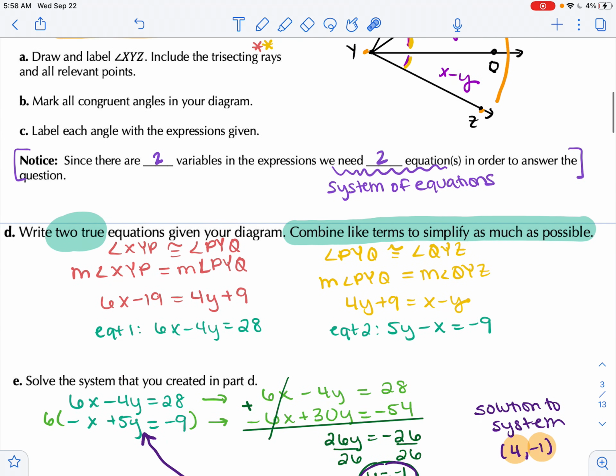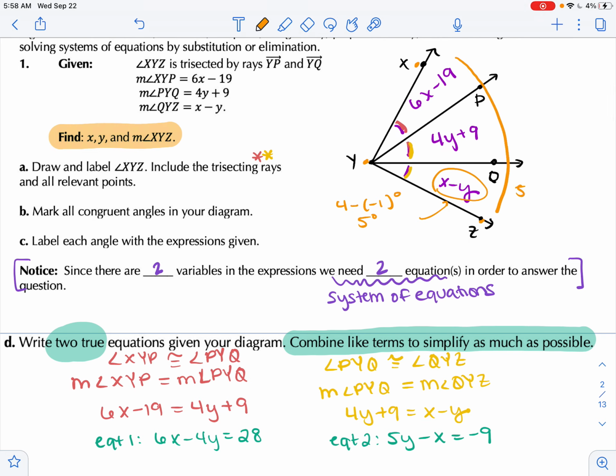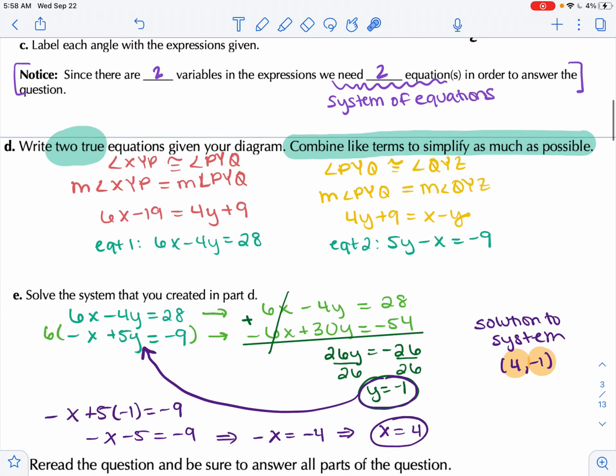I'll remind myself that x is 4 and y is negative 1. This looks like a really friendly place to plug that information in. X being 4 minus y, negative 1, that tells me that angle is 5 degrees. Again, because of those trisecting rays, the other two are also 5 degrees. So this entire angle, the measure of angle XYZ, is 15 degrees.